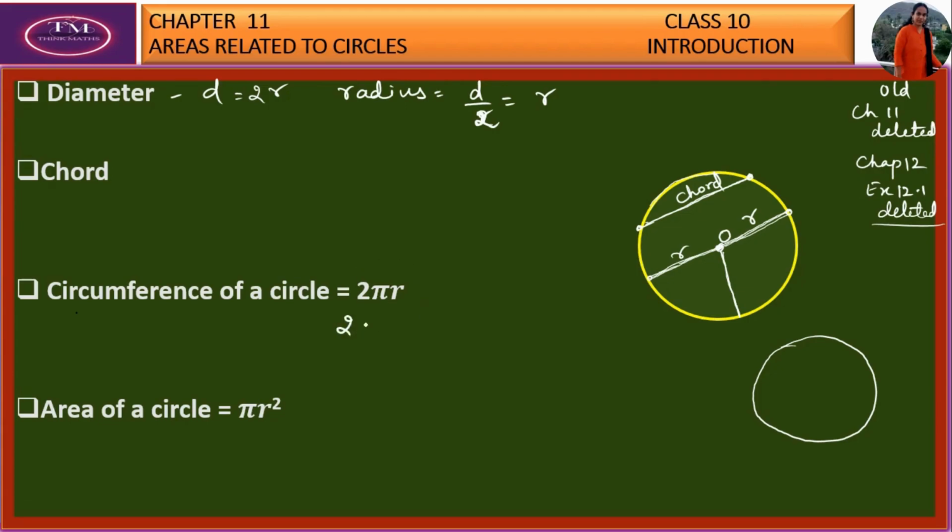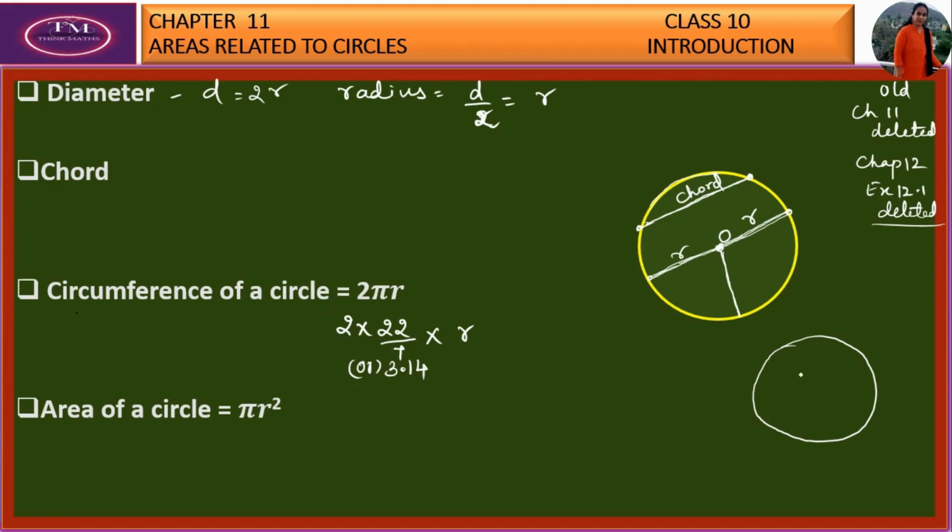So it is 2 into pi, where pi can take the value 22 by 7 or 3.14. Whichever is given in the question, you can apply that. The radius will be given. If the diameter is given, you can divide by 2 and find the radius. So this is the circumference of a circle.